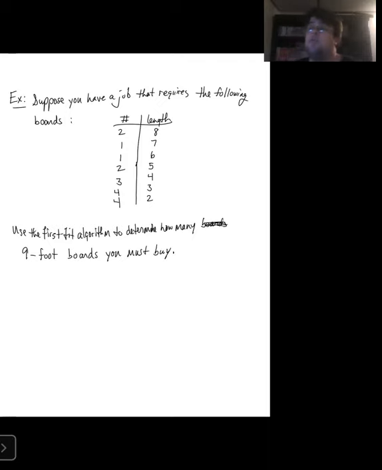Similarly, for a problem like this, with small numbers like these, we can see that we could figure out a minimum number and we can interpret whether it makes sense. But in general, there is no algorithm that we can use to find a minimum number of, in this case, boards we must buy.